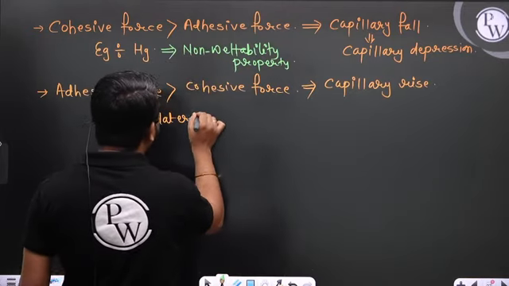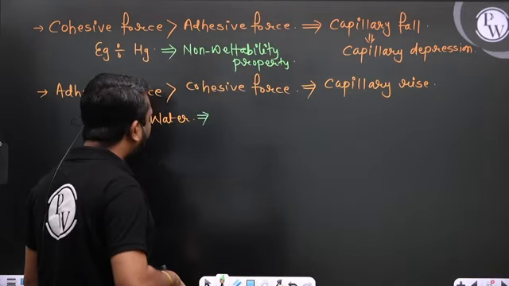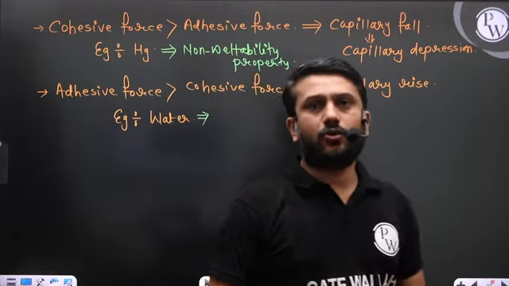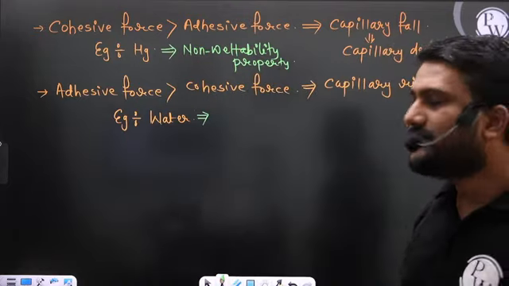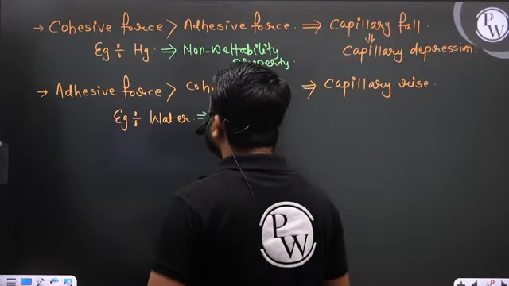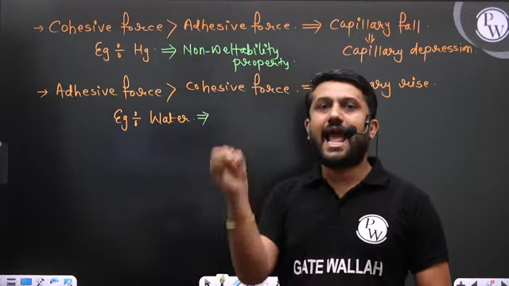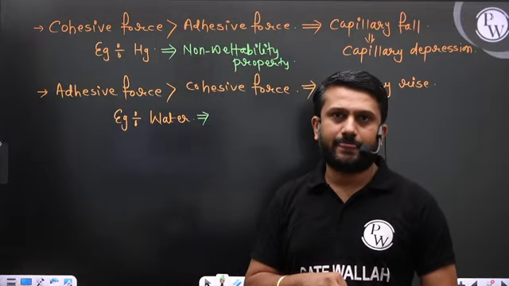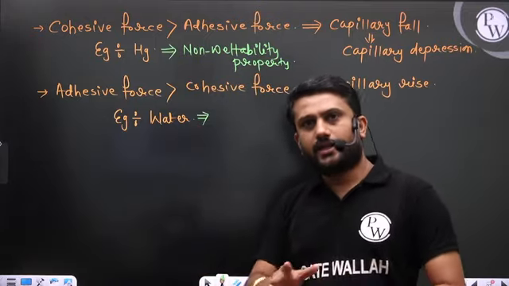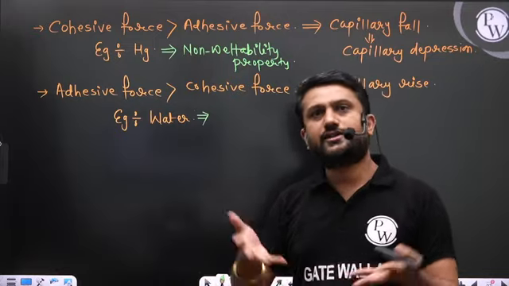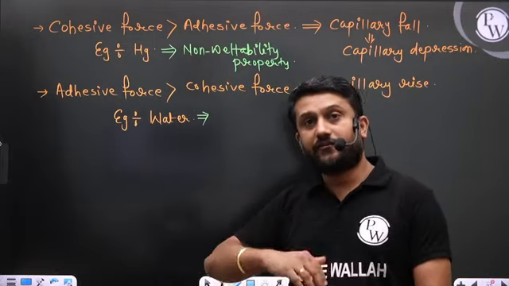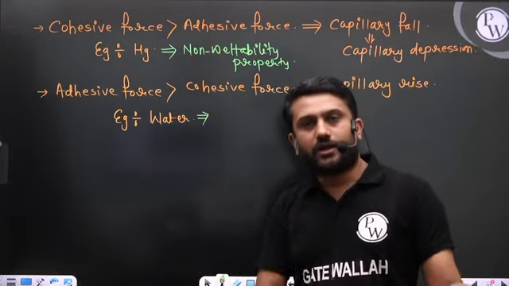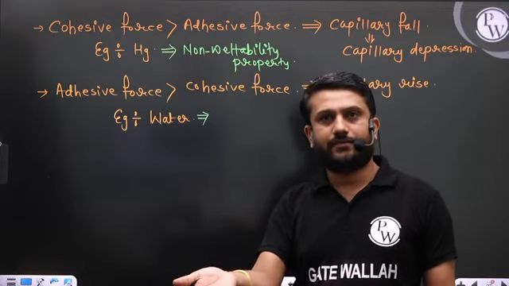And if adhesive force is greater than the cohesive force, that means that liquid has the wettability property. If you put water on a surface, definitely the surface gets wetted, so water has the wettability property.